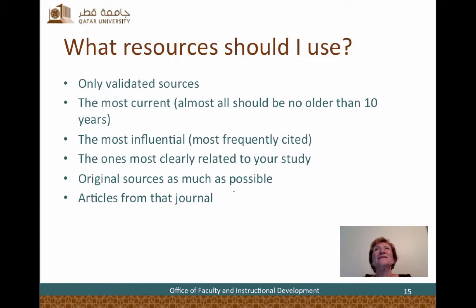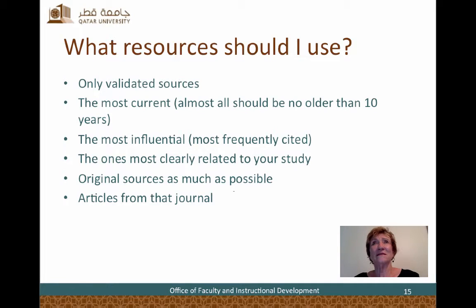Okay, now we get down to what resources should I use? Only use validated sources. The temptation these days is to use a bunch of websites. Avoid that. First of all, if you can't find an author, avoid using that. Now, if it's done by a research body or an academic body, I'm in education.